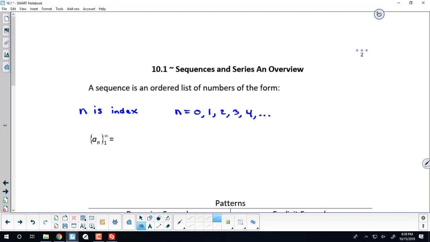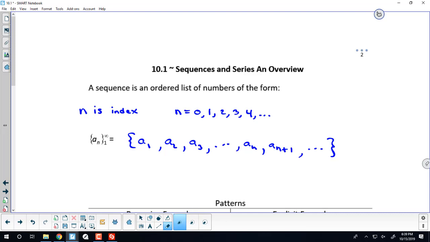If we see this a sub n from 1 to infinity, all that means is just list out these numbers that are determined by a sub n. A sub n can be defined in a couple of different ways, but the idea is it gives you a sub 1, a sub 2, a sub 3, a sub n plus 1, and so forth, where each one of those a sub n's would be a number.